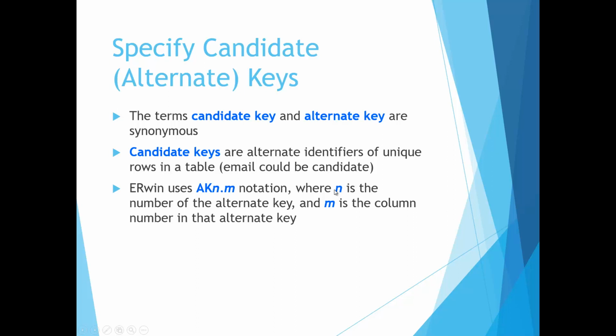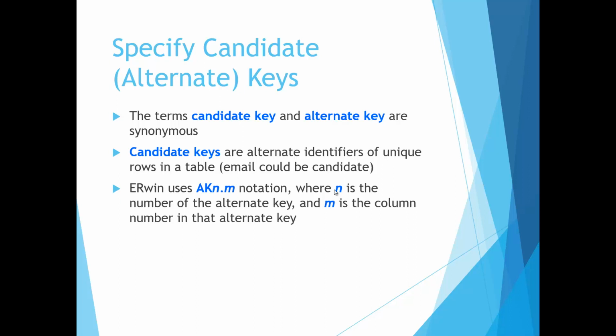Remember, in previous sessions we addressed candidate keys, and candidate keys can also be called alternate keys. So we are using these to select, or elect from them, a primary key. Alternate keys can be identified to select one of those keys to be the primary key for my table.